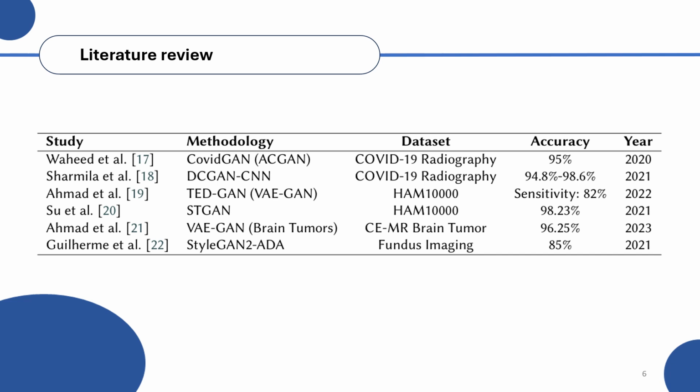Finally, in the article by Guillaume, they developed the StyleGAN2-ADA approach for generating eye fundus images of size 224 pixels. In conclusion, these studies highlight the diversity of approaches and GAN architectures used to address classification problems in critical domains, and they served as a foundation to guide our own work.